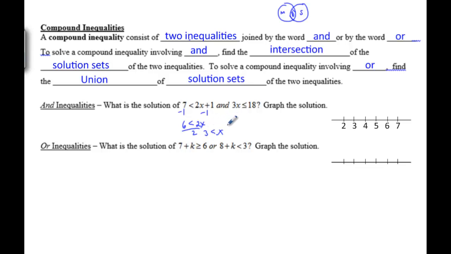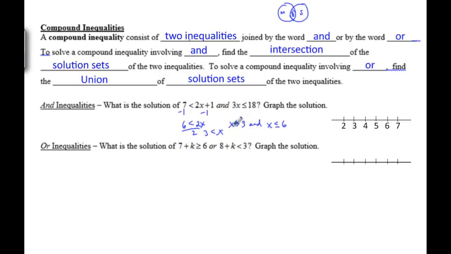The best way to look at this is if we flip it around: x is greater than 3. And if you divide by 3 here, the sign doesn't flip, you get x is less than or equal to 6. Because it's an and, I want to find the solution set of all the numbers that are greater than 3 but less than or equal to 6.